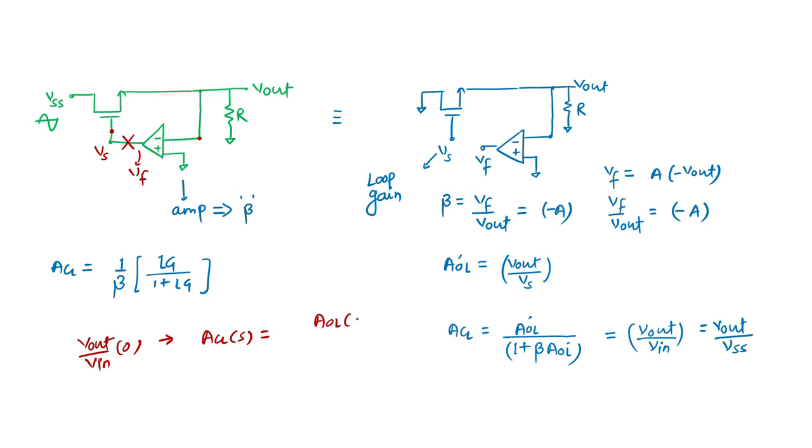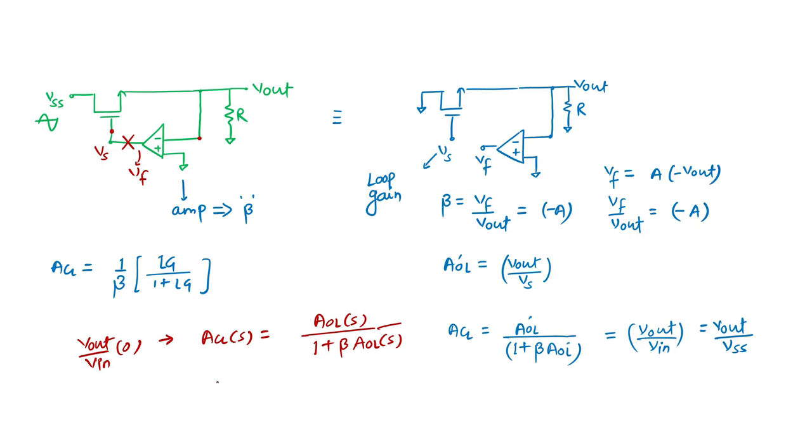Then the open loop transfer function we will use will be beta times AOL(s). Okay, so it depends on what you want to see and how you want to do the calculations. If we are considering the capacitors, then we have to involve all these terms, and our transfer function will result in a function in the domain of s.